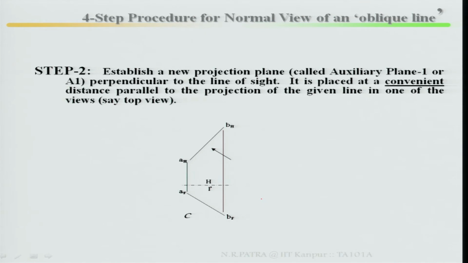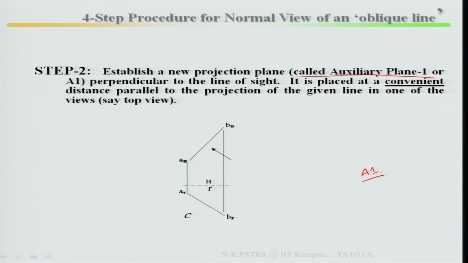Establish a new projection plane called auxiliary plane 1, or A1. This is a new thing. A new projection plane is called an auxiliary plane. A1 is perpendicular to the line of sight.